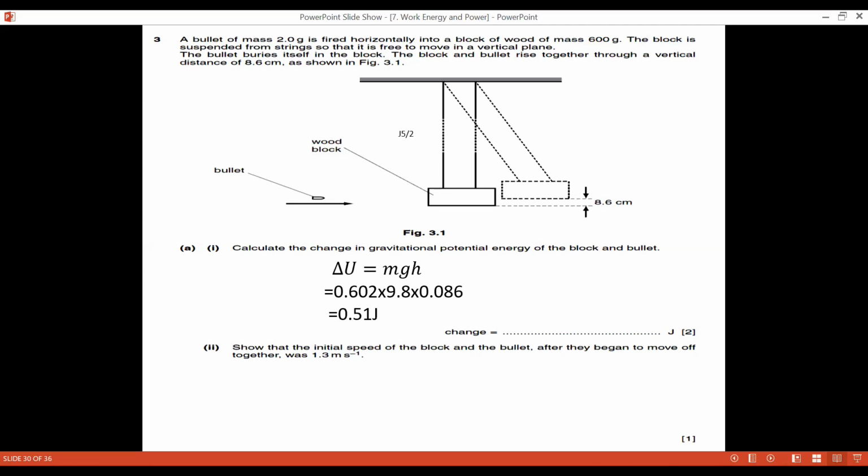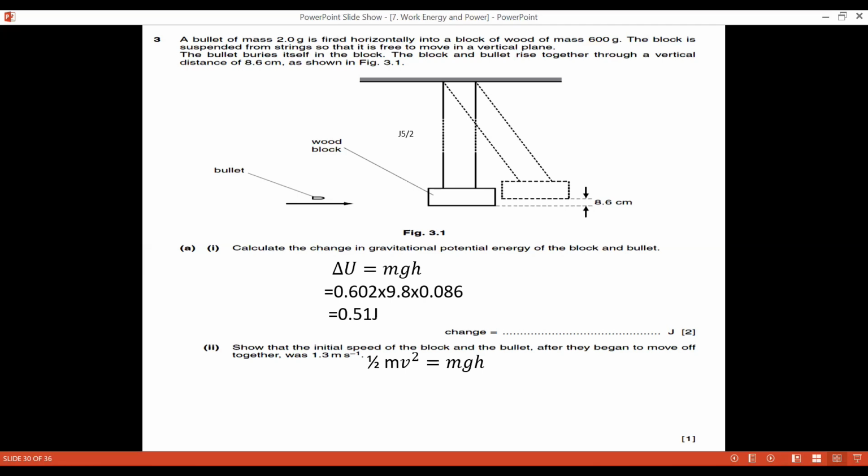What is the initial speed of the block and the bullet after they begin to move off together? This speed is due to the kinetic energy of the bullet and block, and that energy is converted into potential energy. So here I will equate loss in potential energy to gain in kinetic energy, because resistive forces were not acting.